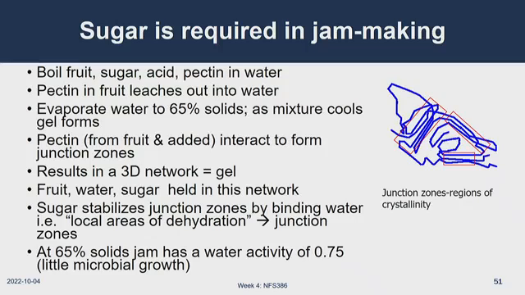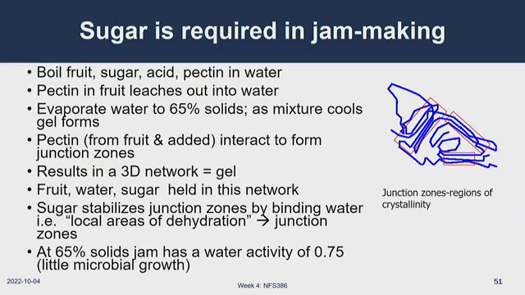Remember the first time we spoke about amylose that leaches outside the structure? Here we have pectin that leaches. Then, because of evaporation, about 60% of the water evaporates, and the water content drops.